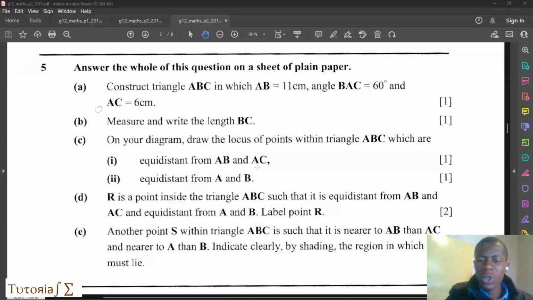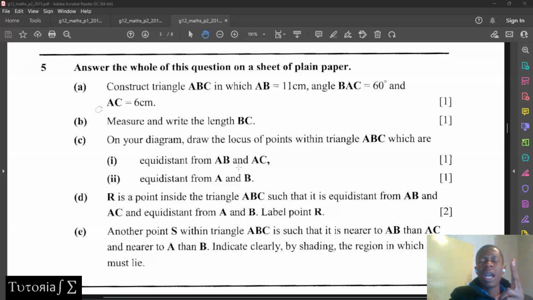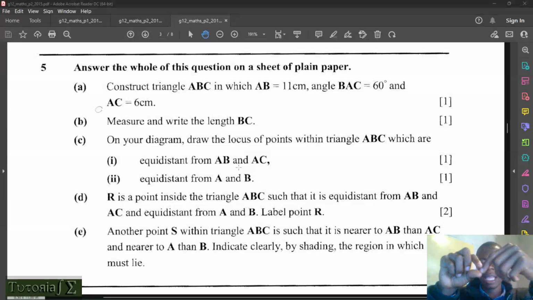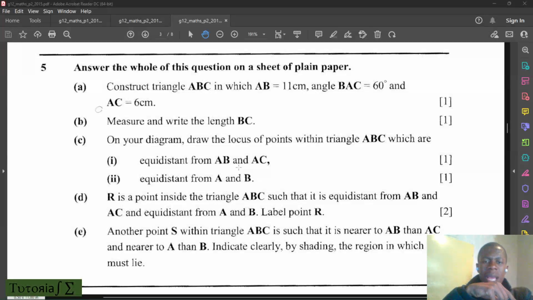Whenever we are trying to draw a line that is equidistant from two lines, let's say AB and AC, we need to put our compass. Our compass is that thing that has a needle-like thing here, and where you put your pen. You need to put the sharp end on the letter that appears most.